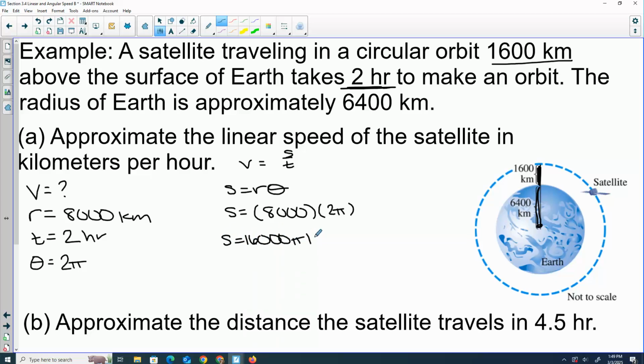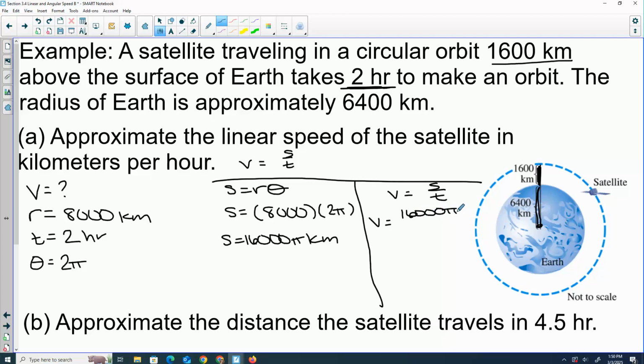pi kilometers. So now we can do V equals S over T. S is 16,000 pi kilometers divided by T, which was 2 hours.